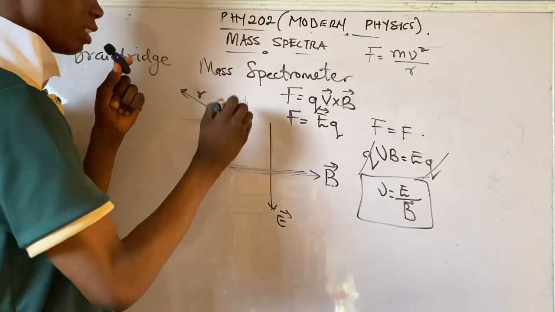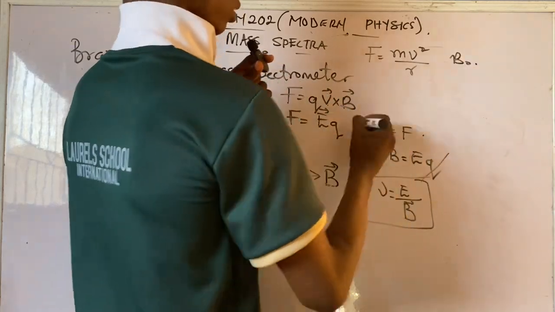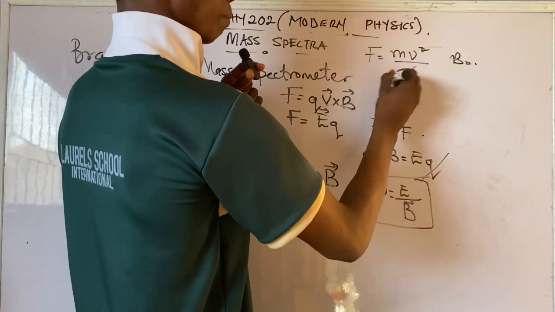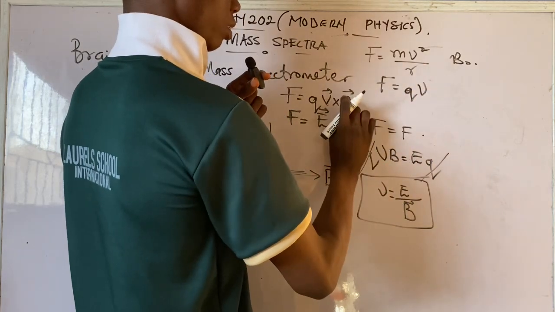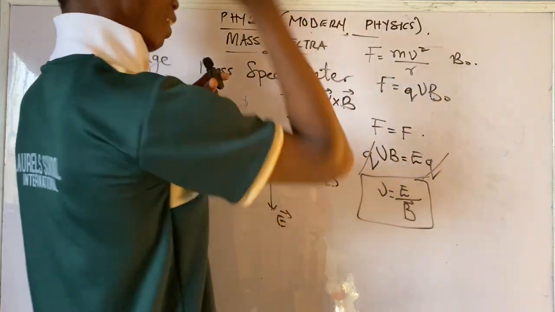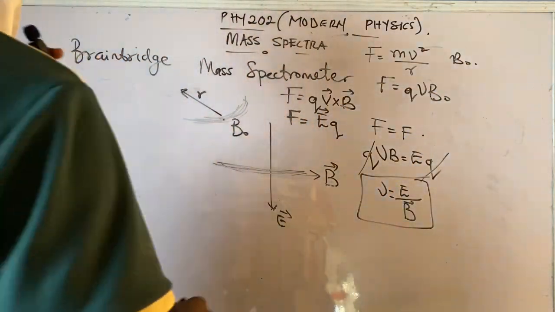And at this point, there is another magnetic field B naught. So the magnetic force here is equal to QV, just like this, but the B is different from this B. This is another magnetic field strength.